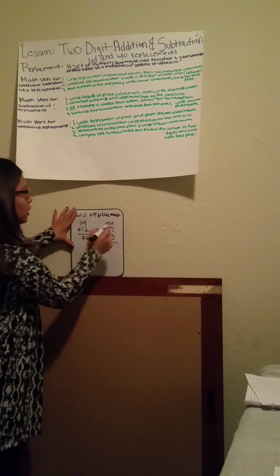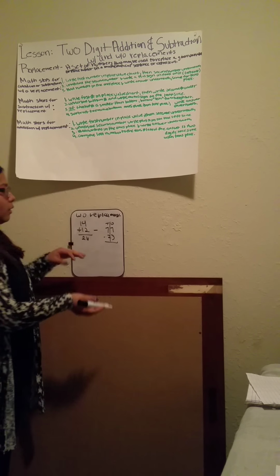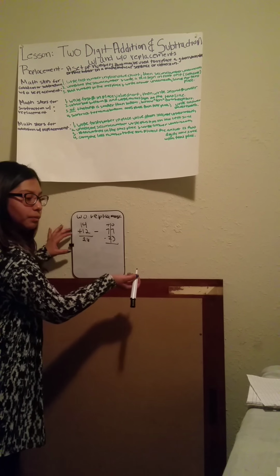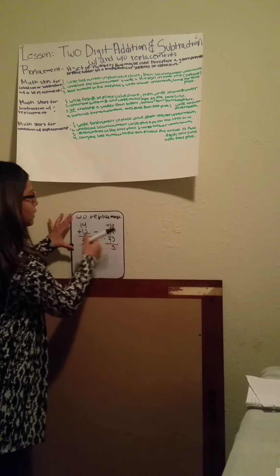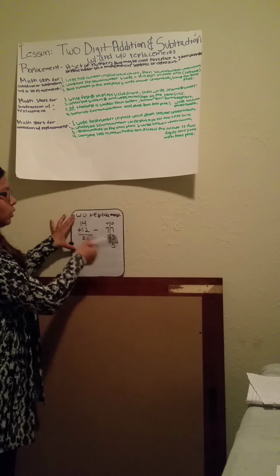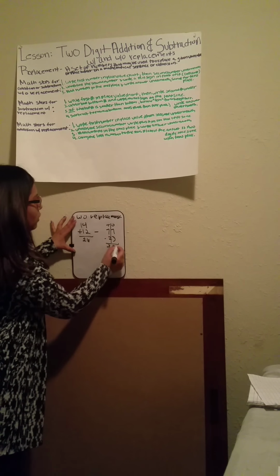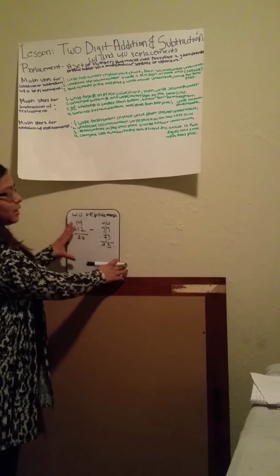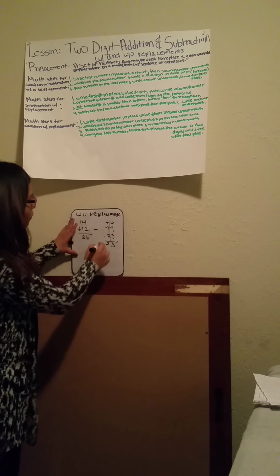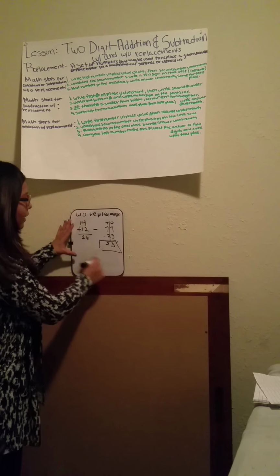Don't forget that. So 7 minus 3 is 4. Good job. Now 7 minus 2 comes out to 5. So of course the sum of that is going to equal 54. So we have that answer.